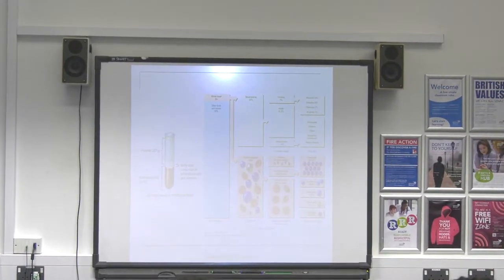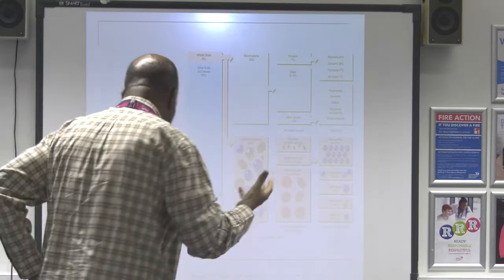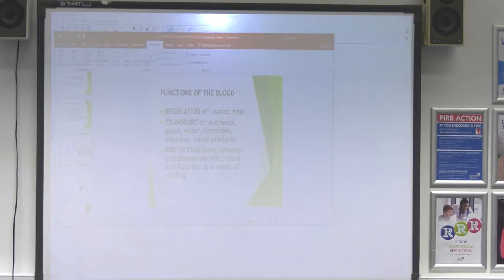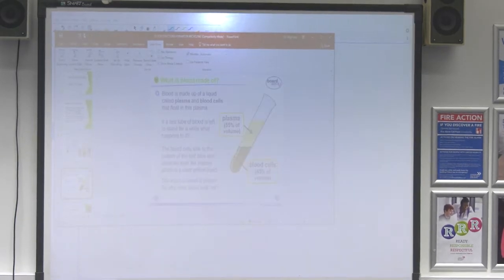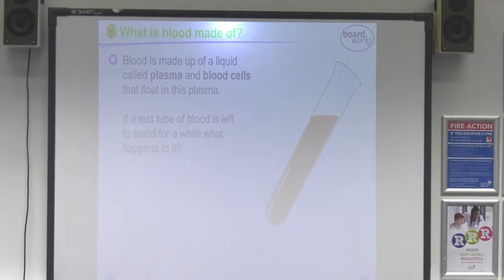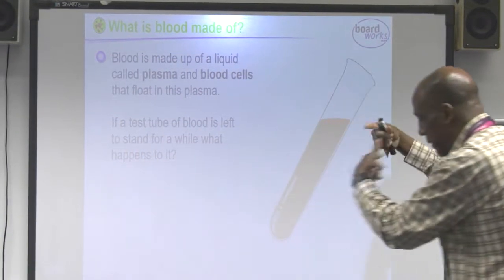Then we said that this blood, when we see the blood, let me go back. When we see the blood, we see just a blood. But the blood that we see, once it goes through a centrifuge, is spun.